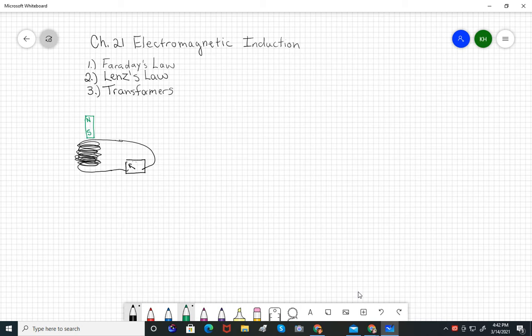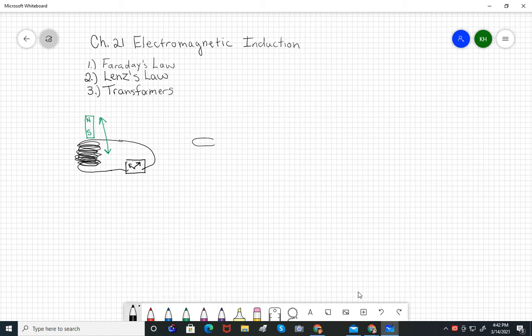But what they found is if we move this magnet so that it's going back into the loop and then out, and we're moving it back and forth, then our meter would show a current and spike over here. So we can either be moving the bar magnet, or if we prefer, we could move the coil. But when the bar magnet and the coil are in relative motion, we will see an electric current in our meter.